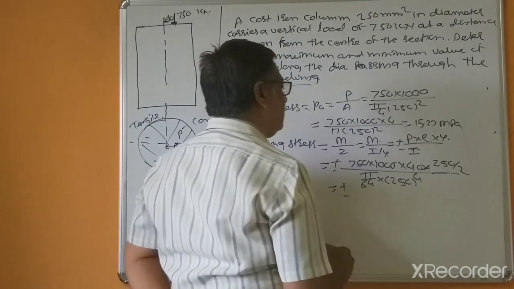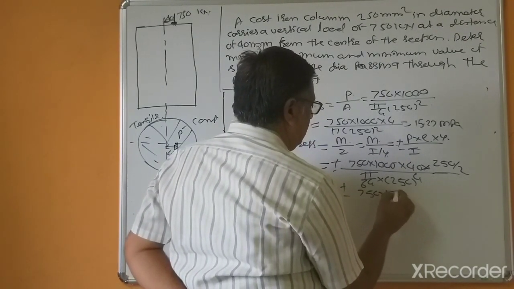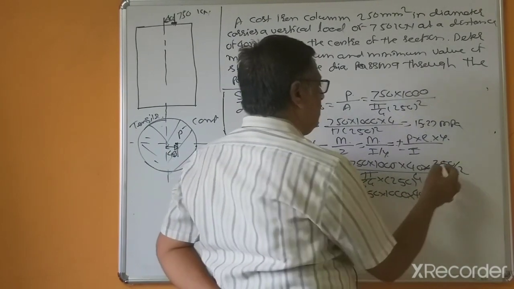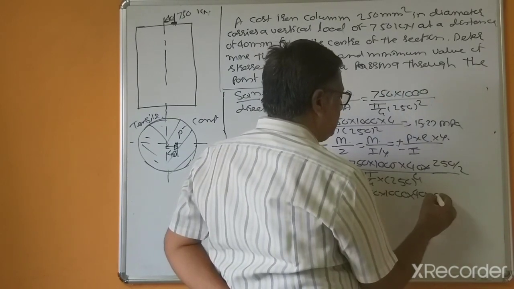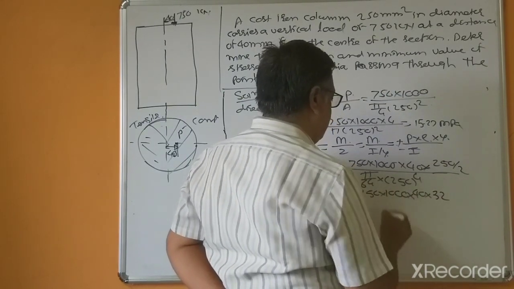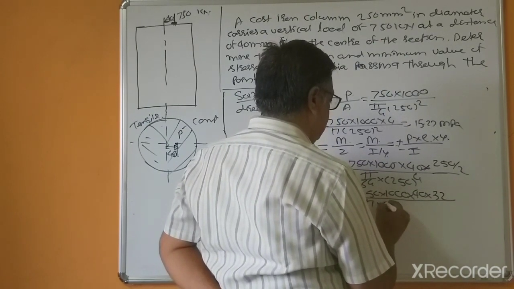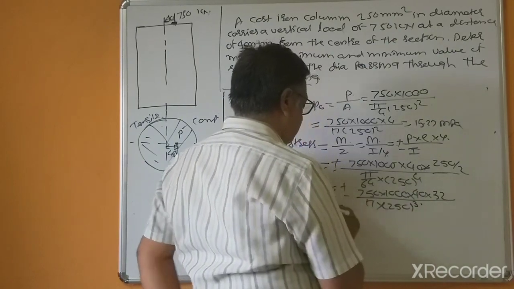So that's why we can write this is 750 into 1000 multiplied by 40. This 250 will get cancelled, 2 and 64, means this is 32, and divided by pi 250 raised to 3.